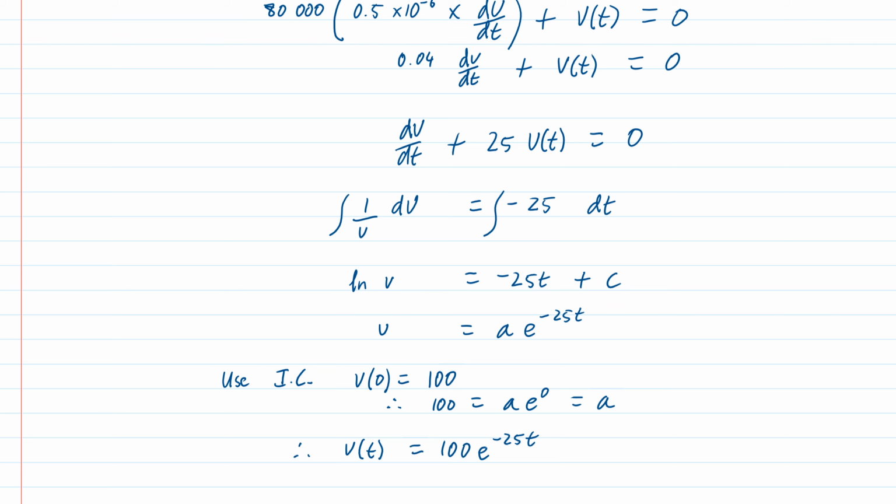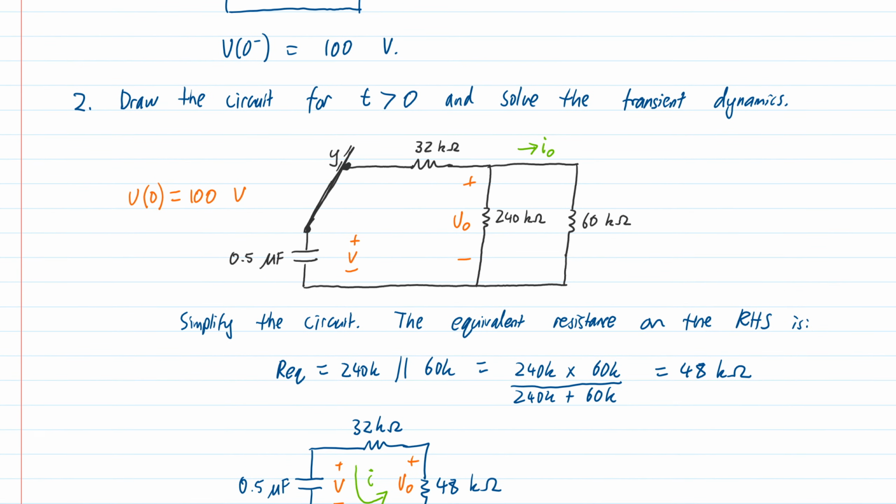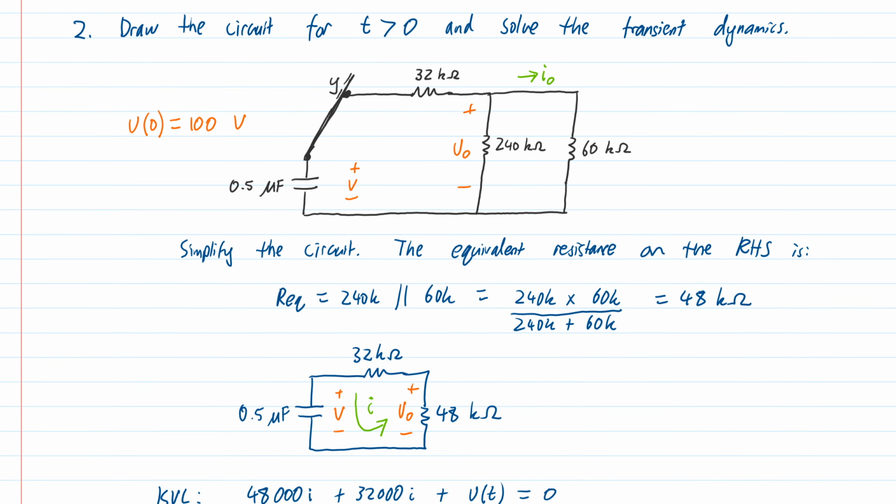All right, let's go back and look at our circuit. So at this moment we have solved for the voltage here on the capacitor. We would like to know what is the voltage on this resistor here, so this V0. I can use my simplified circuit and just use a voltage divider.